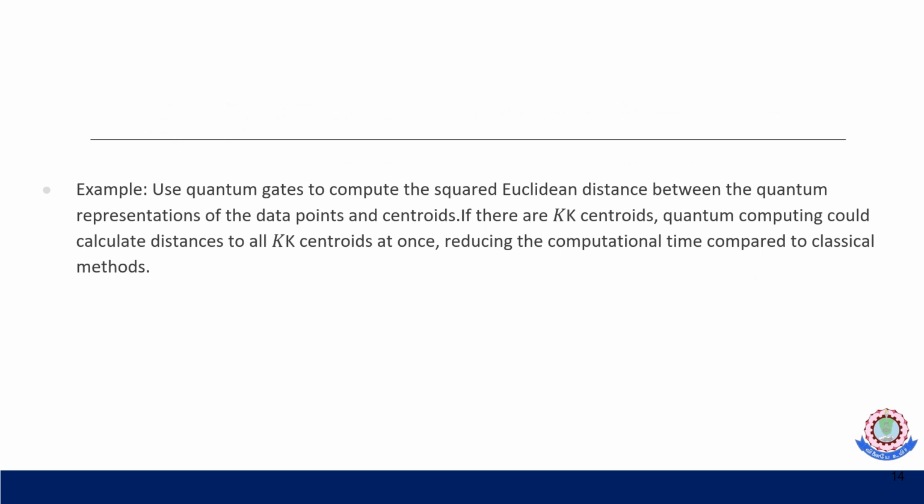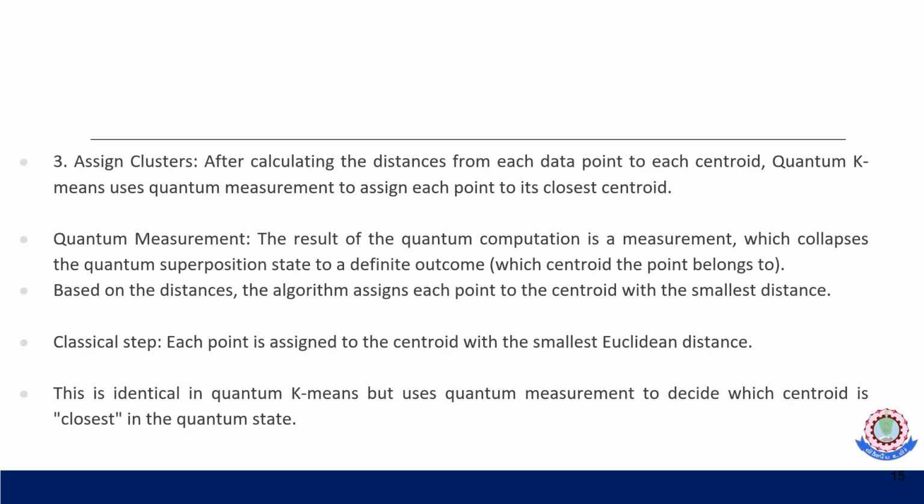For example, we can use quantum gates to compute the squared Euclidean distance between the quantum representations of each point. If there are k centroids, quantum computing could calculate for k centroids at once, reducing the computational time compared with the classical methods.